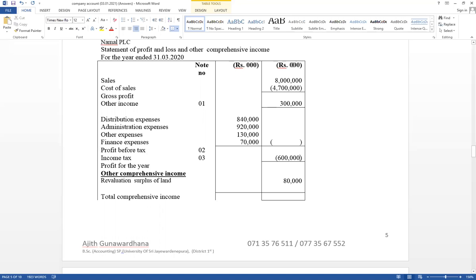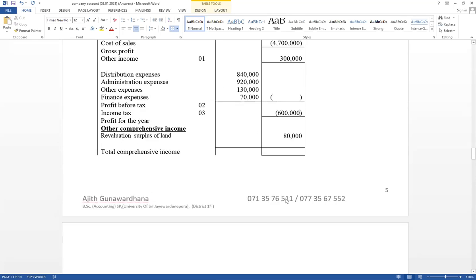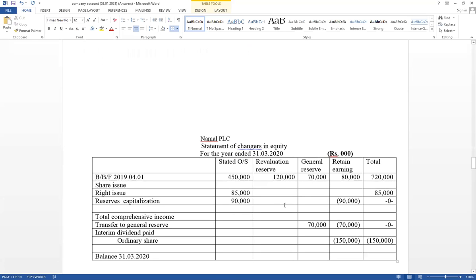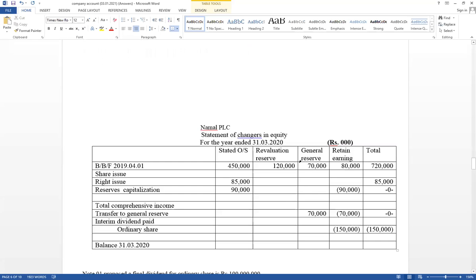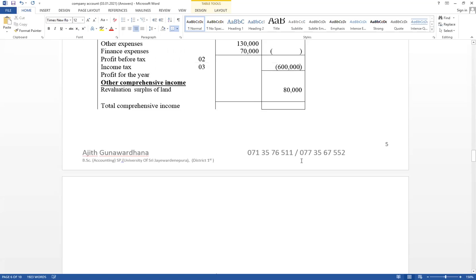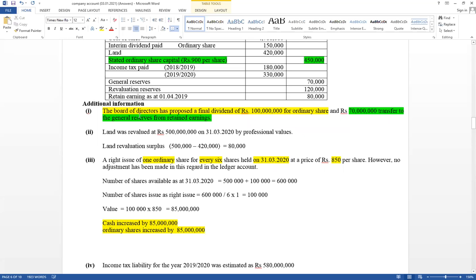Now take the answers. Complete income statement. After total comprehensive income, it should be recorded in the statement of change in equity also. Right, first one, additional information should be done. After that, trial balance should be completed.